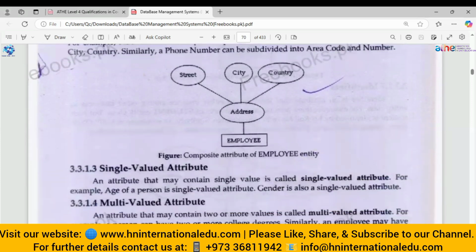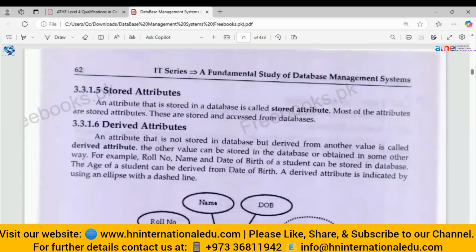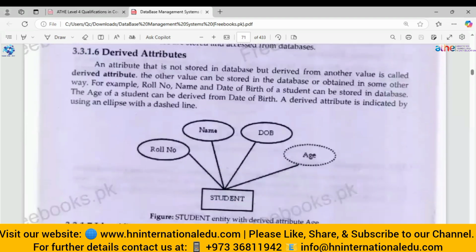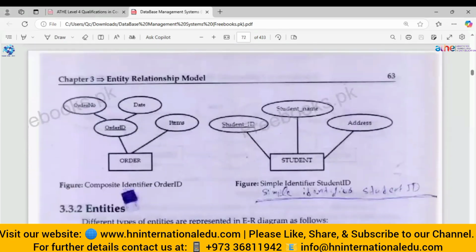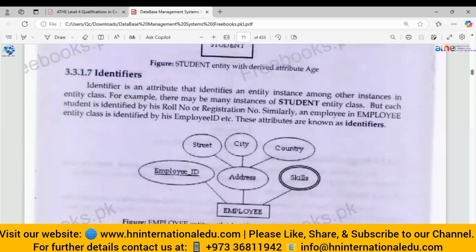Now, after that, we have single valued, multi-valued. We have discussed that, and we also discussed derived attributes. Now, the most important thing here, we have identifiers. Now, what is an identifier? Identifiers are the unique attributes that will uniquely identify an entity.